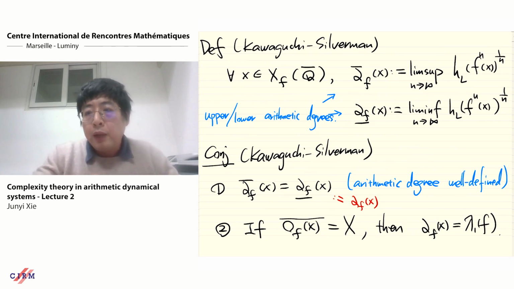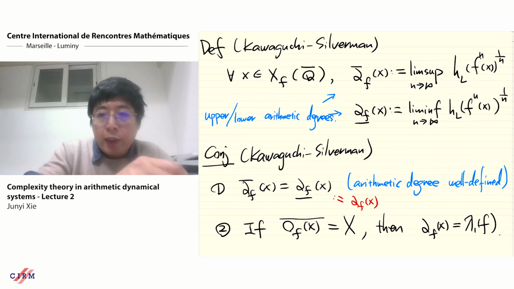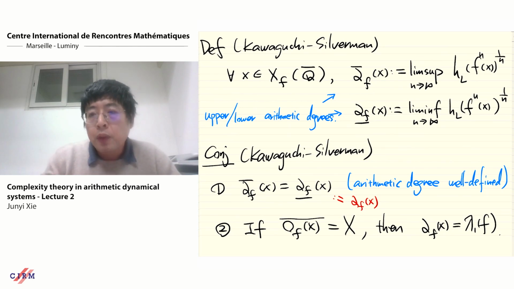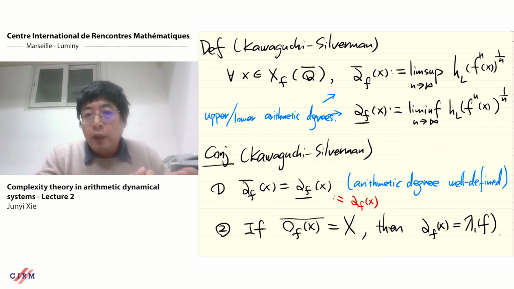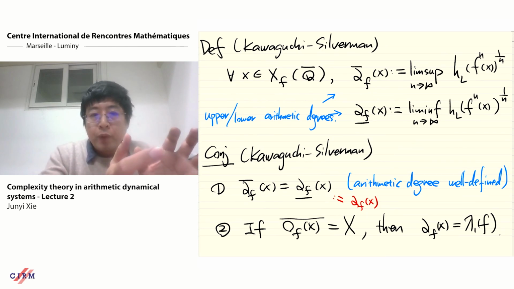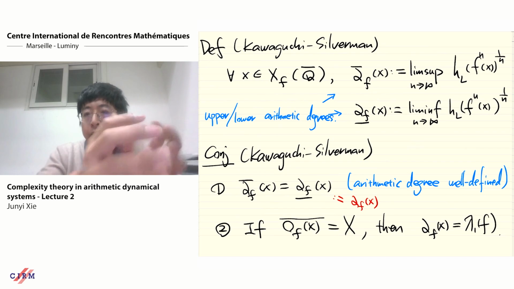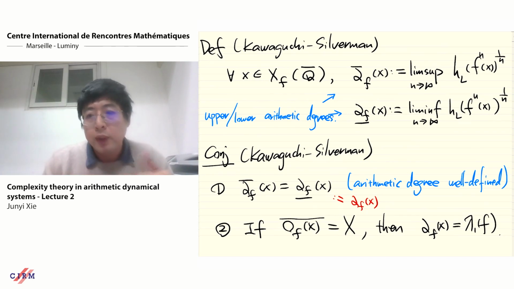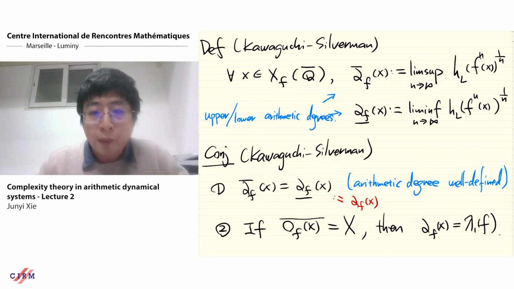But if you bound the height, then it bounds the 10, and you can write this number. So you can only write finitely many points, so you have only finitely many points with height bounded by this given number. So this is the Northcott property.